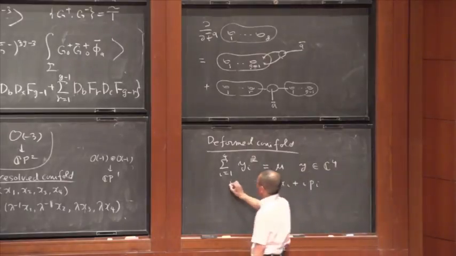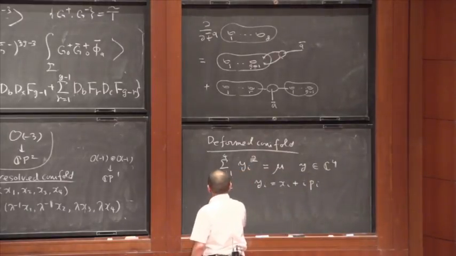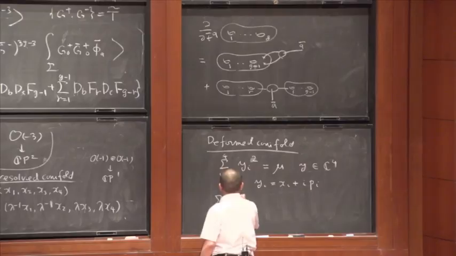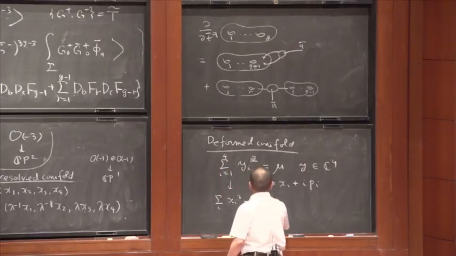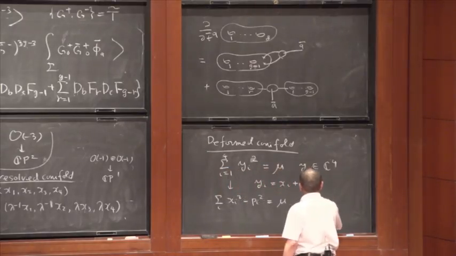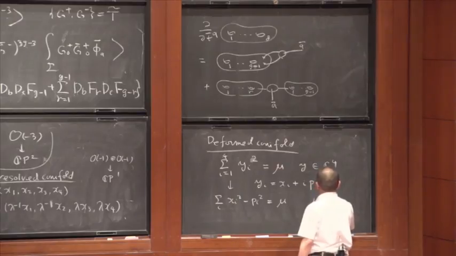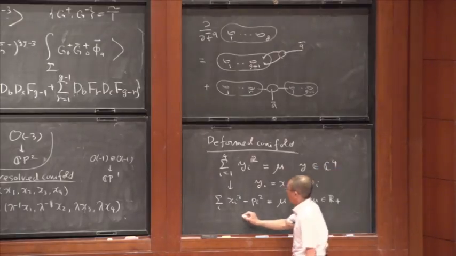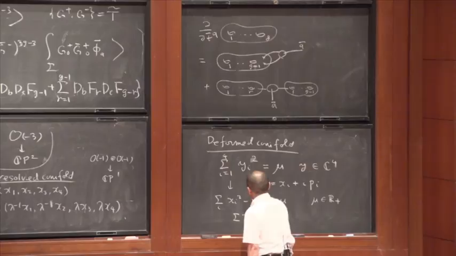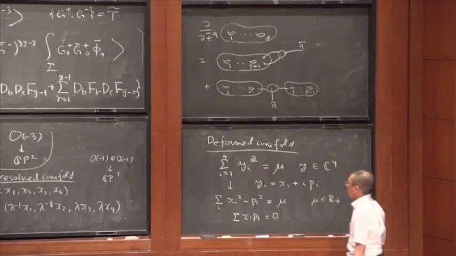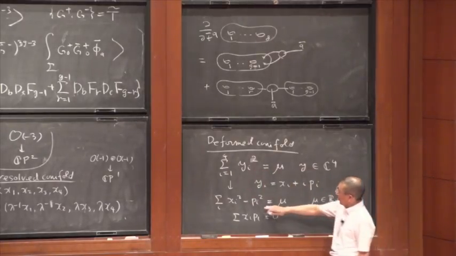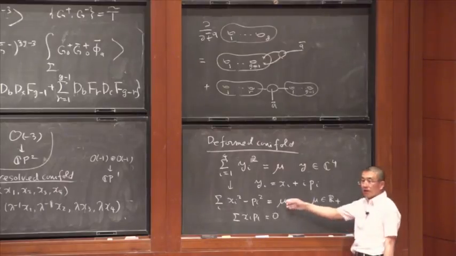Then this equation can be expressed in terms of real coordinates as xi squared minus pi squared equal to mu. And suppose mu is real and positive. Then you see that the other equation is xi pi equal to 0. Then you see that at the locus where p is equal to 0, this is just a 3-sphere.